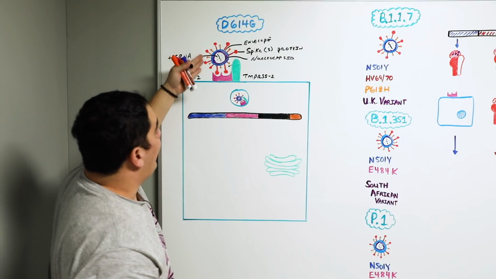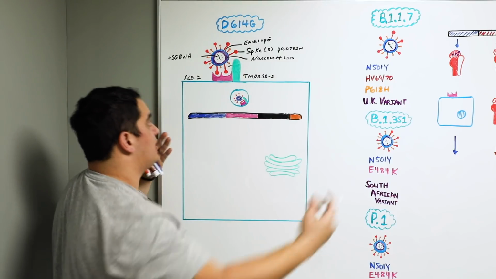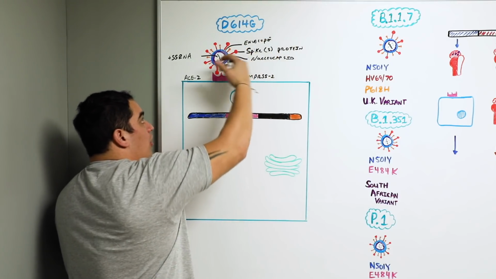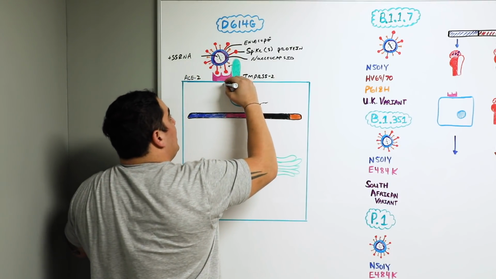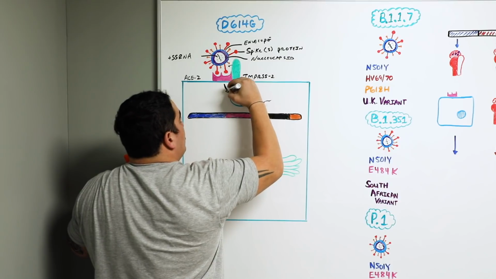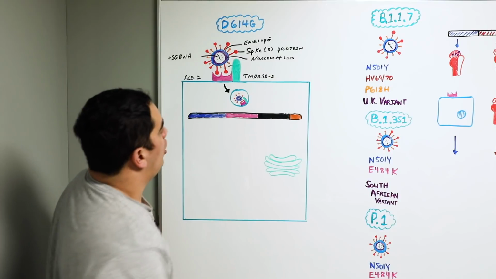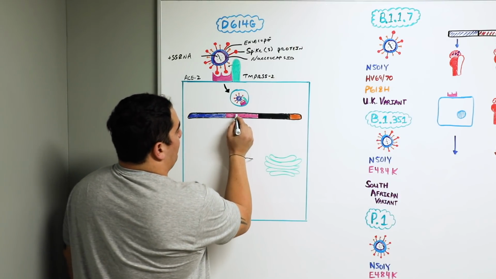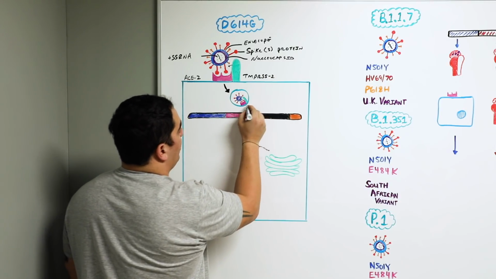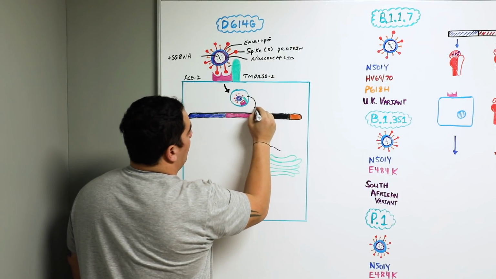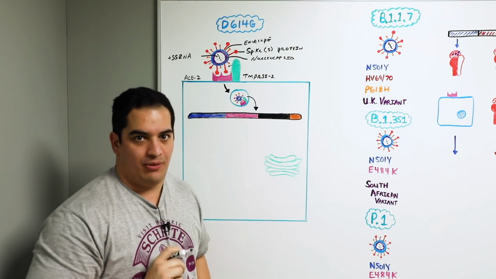So again, once the virus has its S protein bound with the ACE2 and uses this transmembrane protease to cleave a particular site on the viral peptide, it then causes receptor-mediated endocytosis, which brings the virus into the cell inside of a little vesicle. Once inside of the cell, the single-stranded RNA has to be released out of that vesicle and into the cytoplasm, where it can then interact with our ribosomes.